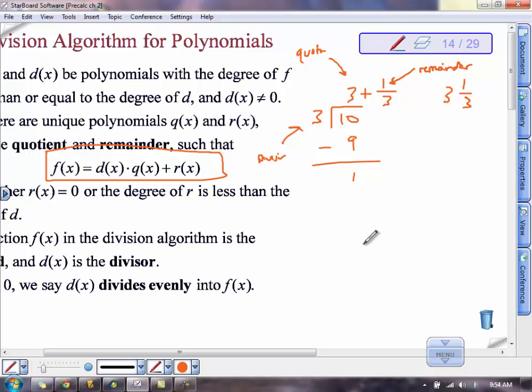We're going to do this with polynomials as well. We can take the divisor, multiply by the quotient, in which case we'd have 3 times 3 1/3, and that will give us the original number back, 10, which we'd call our function, I guess. So this is our f of x. There's an example with numbers.